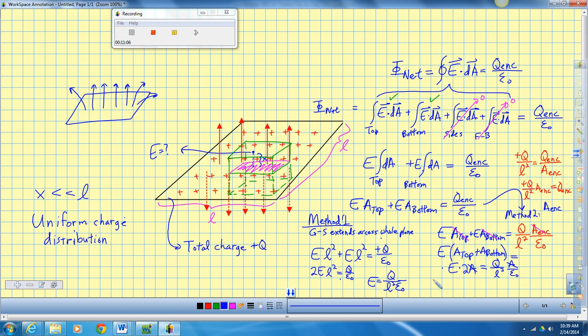So I end up with exactly the same thing, that E is Q over 2 L squared E0. Here, I lost a 2, idiot. So E equals Q over 2 L squared E0. You may have been yelling at me the whole time on the video saying, where's the 2, where's the 2? Well, I forgot it, but there it is. So that fixes it.